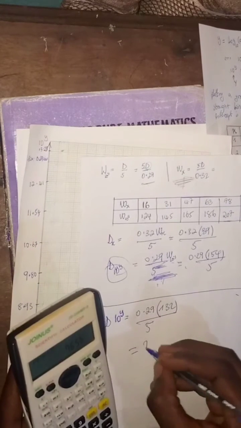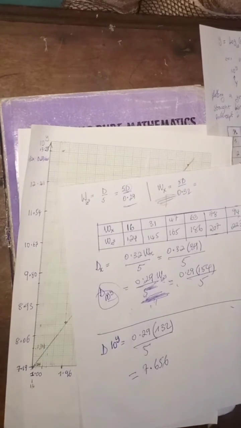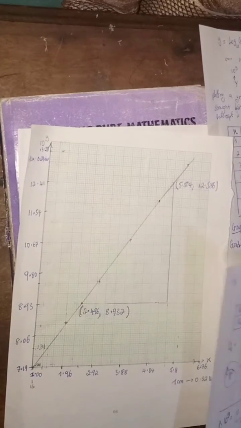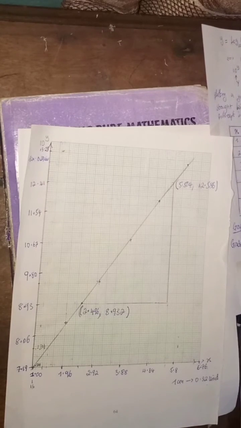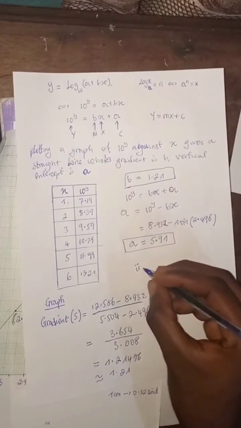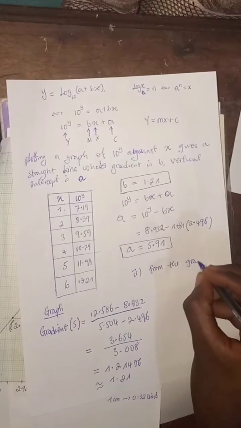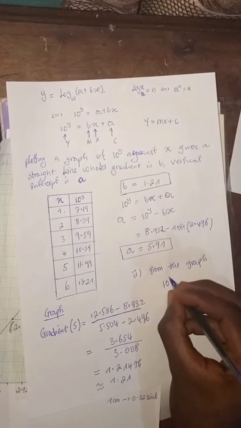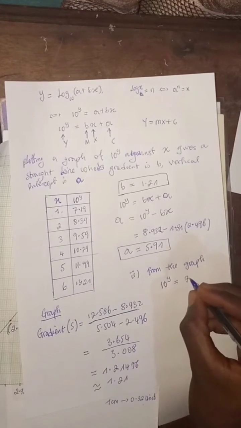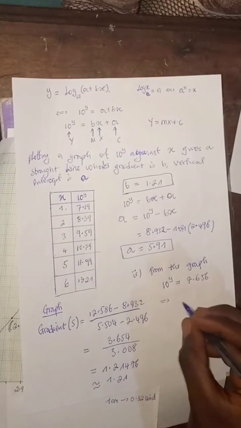So I have 7.656. From this value, that is my 10 to the power y. So from the graph, we know that 10 to the power y equals 7.656. It implies my y will be what?